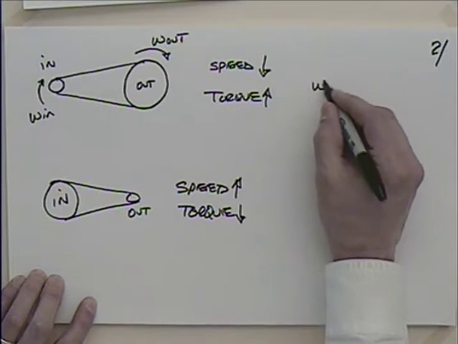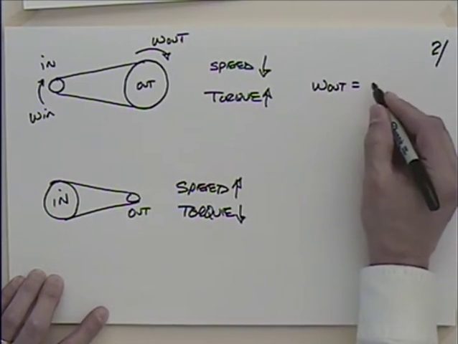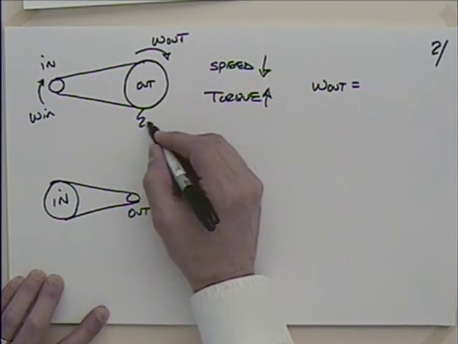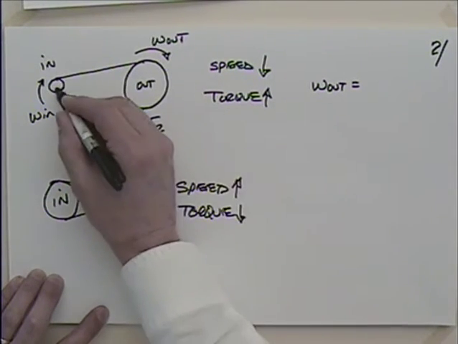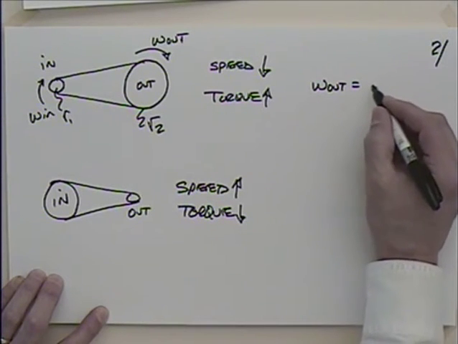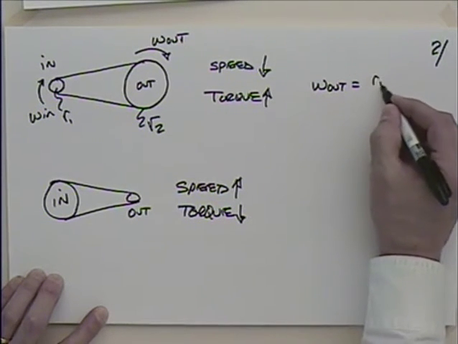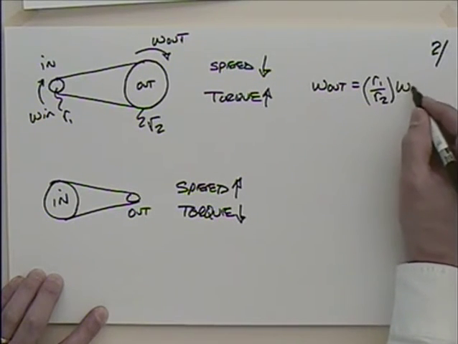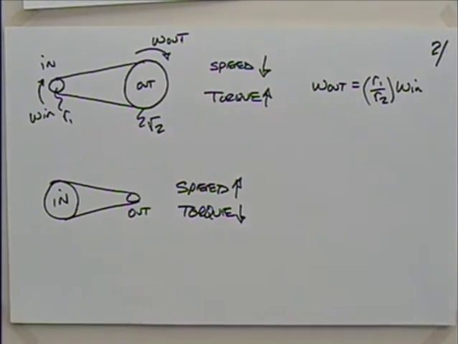If I put radiuses in here, this is radius 2 and this has radius 1. Omega out would be what? Radius 1 over radius 2 times omega in. Okay, and they'd both be in the same direction.